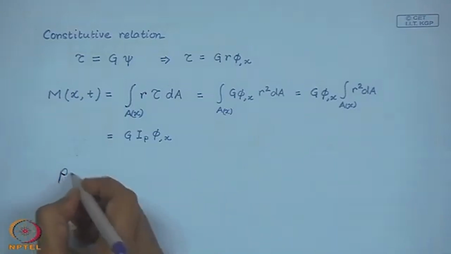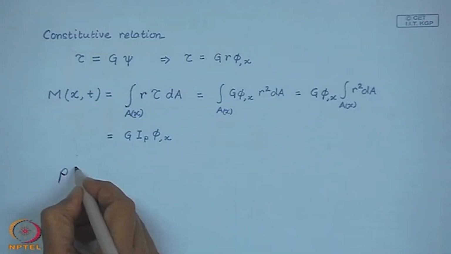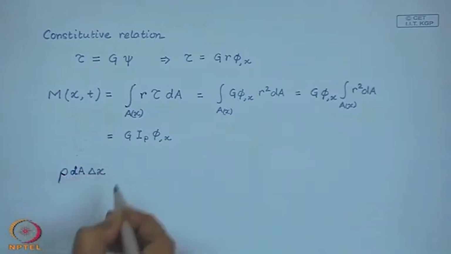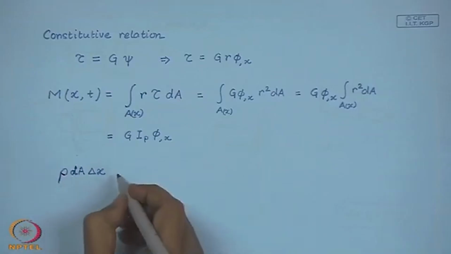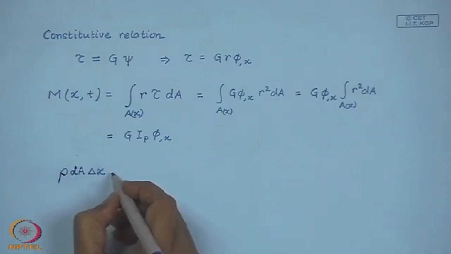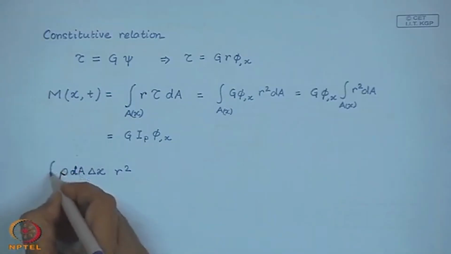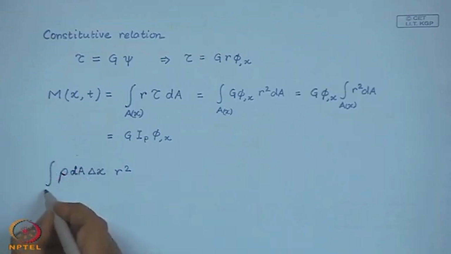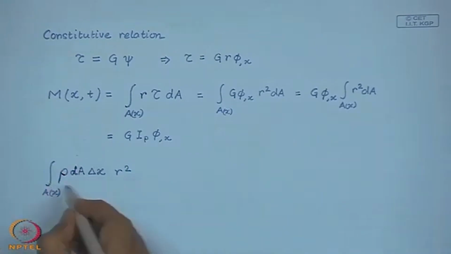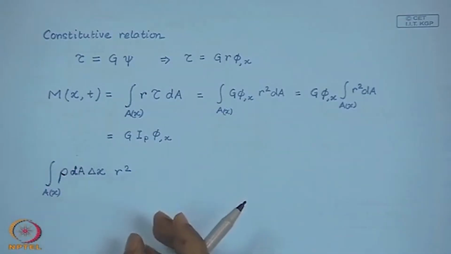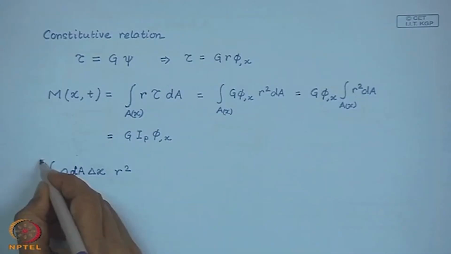So, mass of this ring can be written as rho times dA, the mass per unit length, into delta x, times r square. So, if I integrate over the full area, then I get the moment of inertia of this element that we are considering.